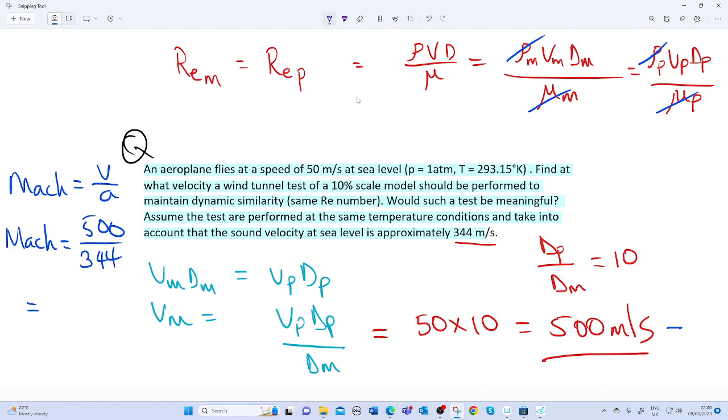That gives us roughly 1.48, which is approximately 1.5. That shows that the test is undergoing compressible flow, which is not applicable to a wind tunnel.